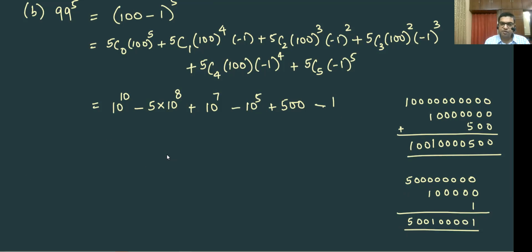So now we need to subtract. We have to see this minus this. So 1 with 4 zeros, then 1.